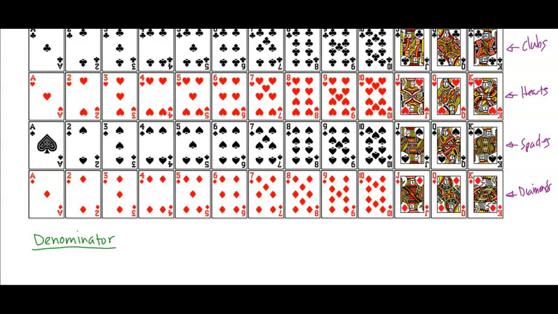You can't replace, because if you've got the same card twice, you must have been cheating somehow and had a card from a different deck. And one really important idea is the order doesn't matter in most card games. There are some card games where it matters which card was first and which one was second and which one was third. But usually in most card games, the order does not matter.